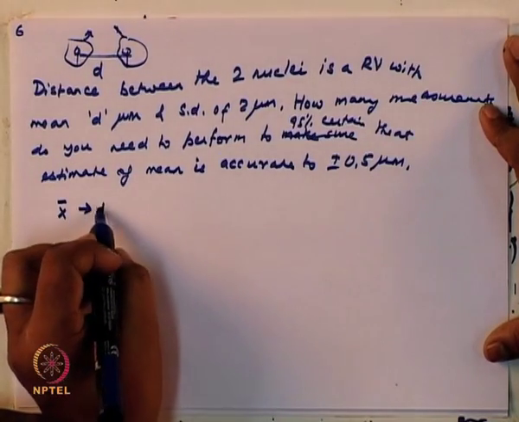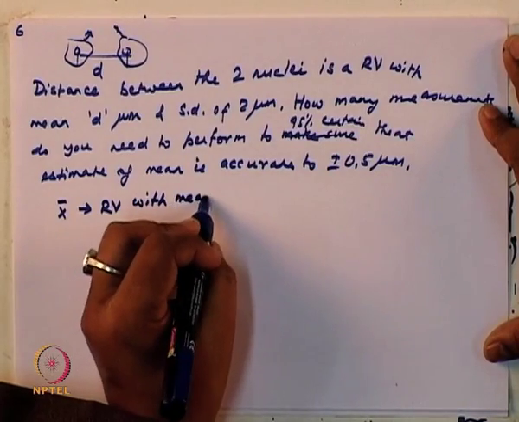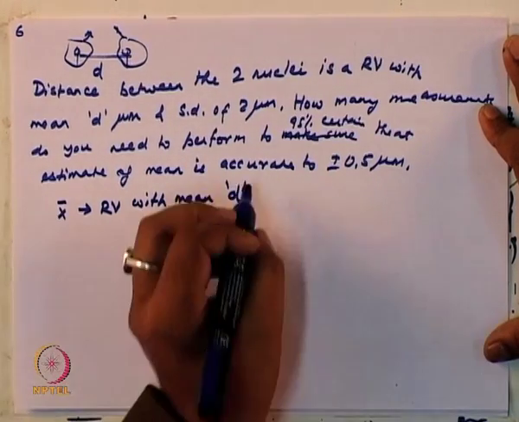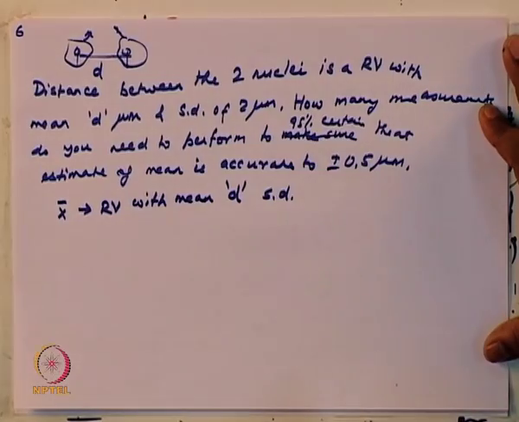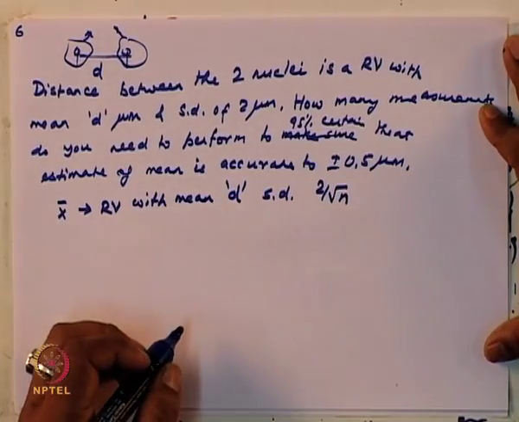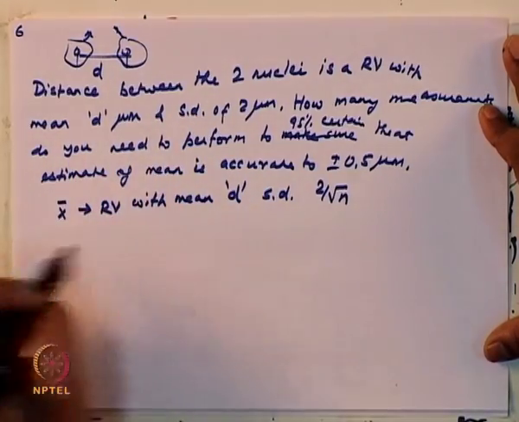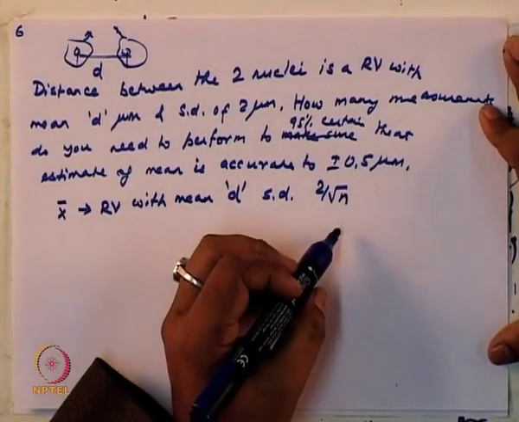This is a random variable with mean equal to d, and standard deviation 2 by root of n, since 2 is the standard deviation of each of these.